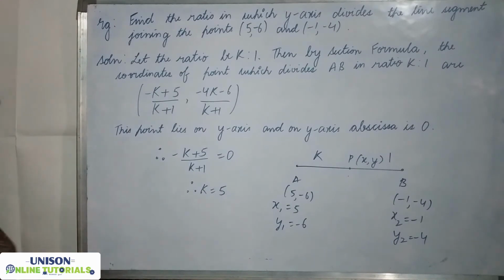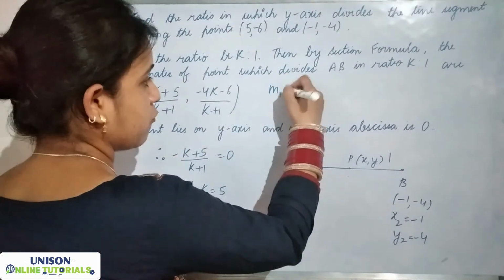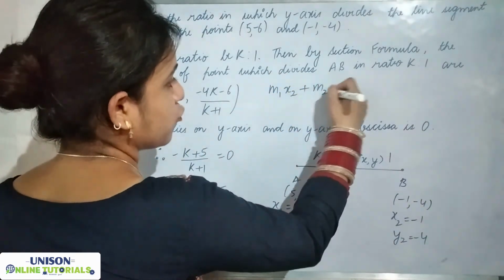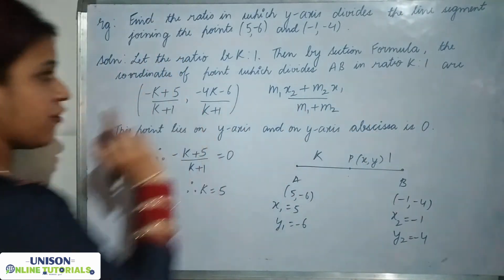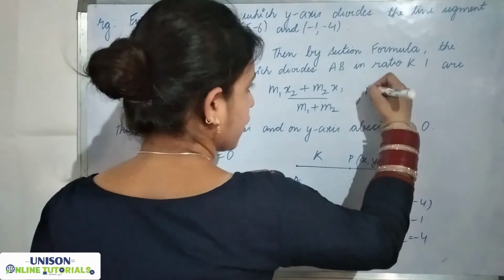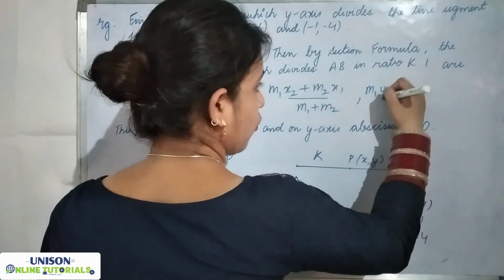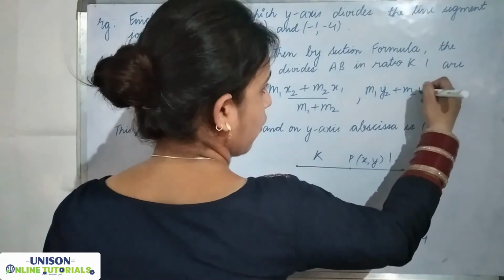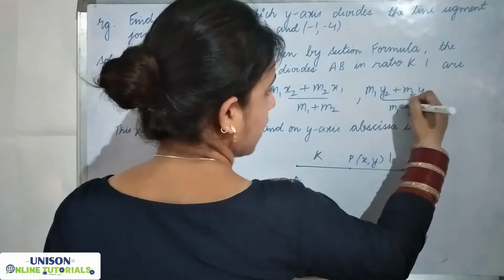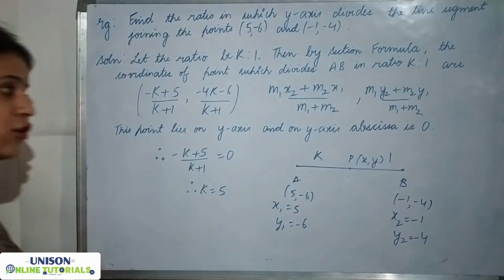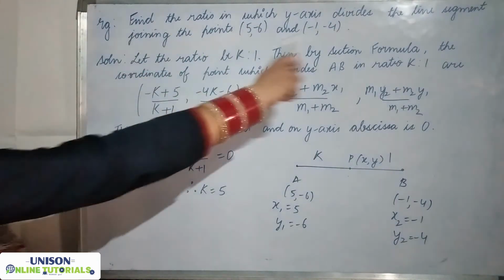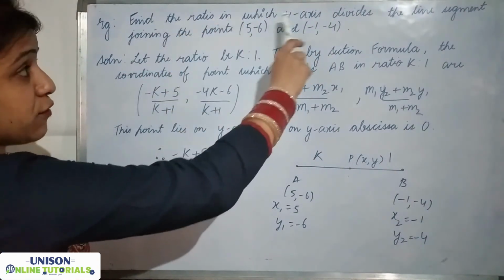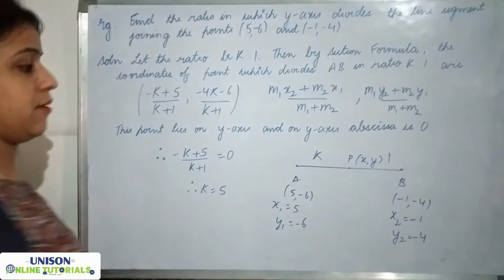So here, using the section formula, that is (m1 x2 plus m2 x1) by (m1 plus m2), get the coordinate of x. Similarly, get the coordinate of y, (m1 y2 plus m2 y1) by (m1 plus m2). Now, it is given to find the ratio in which the y-axis divides the line segment.